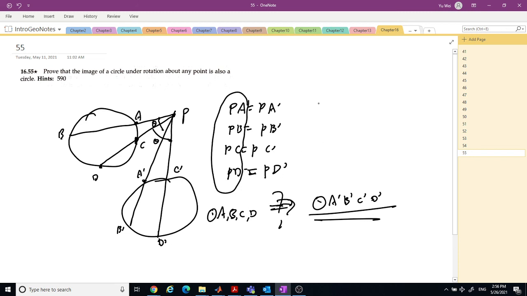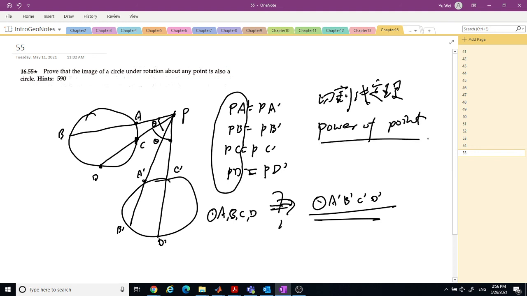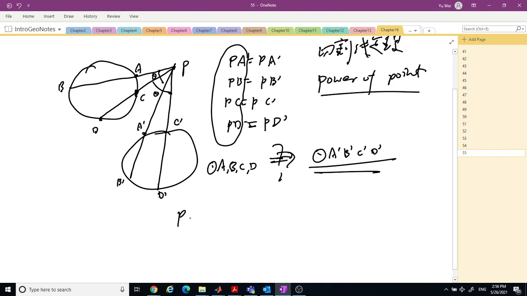I talked about that before, in Chinese it's called the secant-chord theorem, in English it's Power of a Point. When we apply the Power of a Point, we can see PA times PB equals PC times PD.